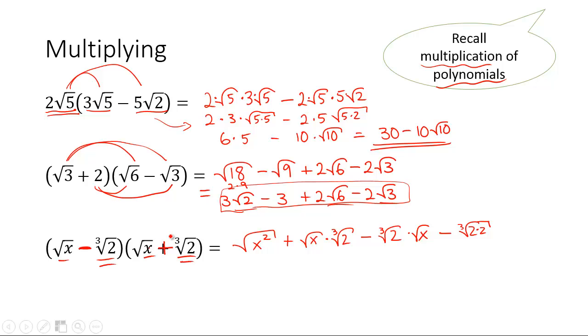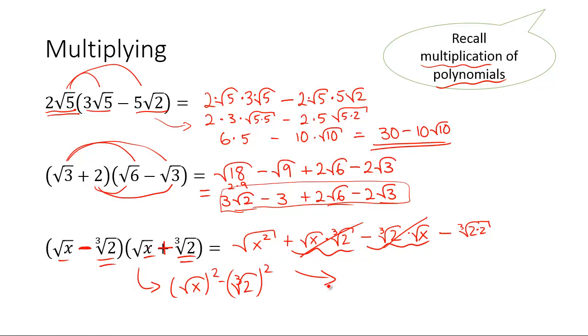Do you remember that? Well, that was the difference of squares, and remember with the difference of squares, the middle terms always canceled out, and indeed they do here as well. So you could actually directly go and say, well, this will be root x squared minus cube root 2 squared. And that's essentially what we get.